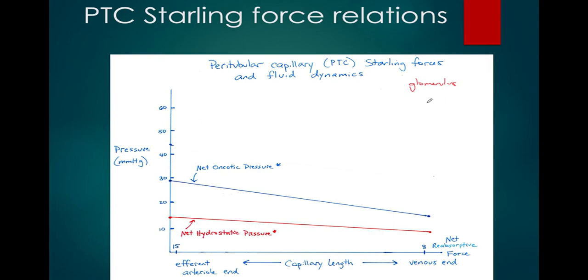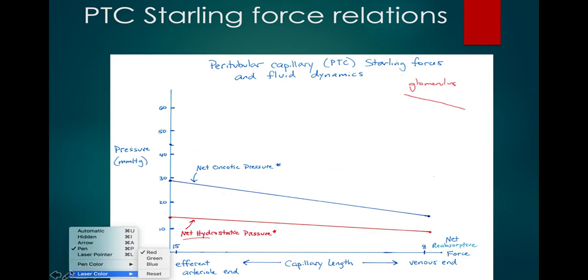So if you look at glomerular capillaries, here's what's happening. Look at the colors down here. Net hydrostatic is in red. The net oncotic is in blue. So I'm going to use the same colors. In the glomerulus, from inflow end to outflow end, net hydrostatic pressure, which is largely blood hydrostatic pressure, falls. Now let me go to blue again.